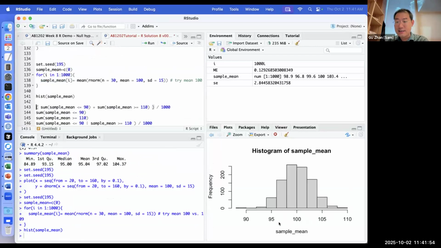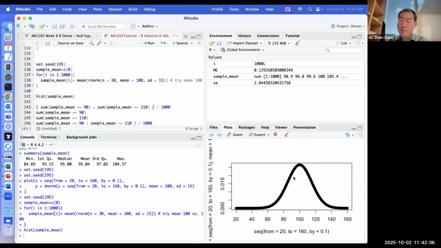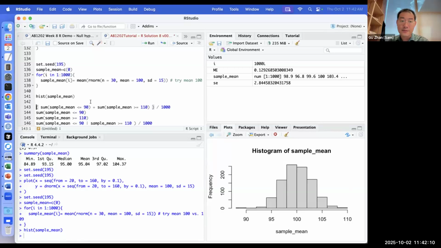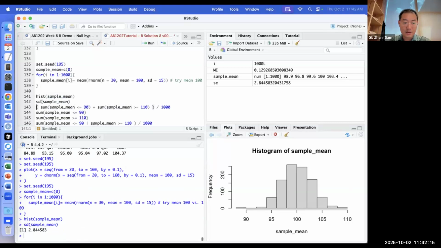Then this is the sampling distribution of the mean. The standard error of the sampling distribution of the mean is your population sigma 15 divided by square root of 30. This time we can verify again. You will see it is still similar, around 2.73, 2.8, 2.7, around that, right? So this is the actual simulated standard error.